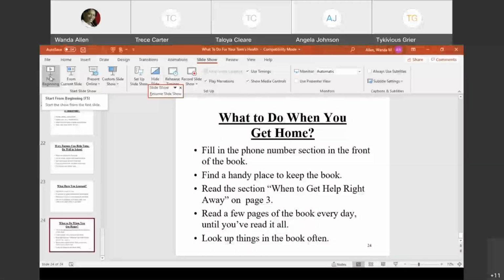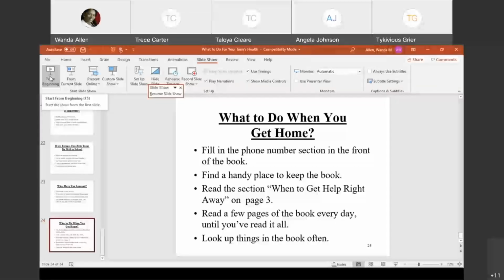And also, if they have questions that may arise, especially as it relates to the health of their teens, definitely encourage them to direct that toward the healthcare provider. In addition, at the end of your session, you always want to ask your participants to complete an evaluation form.